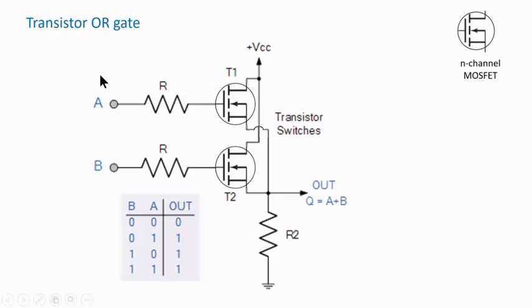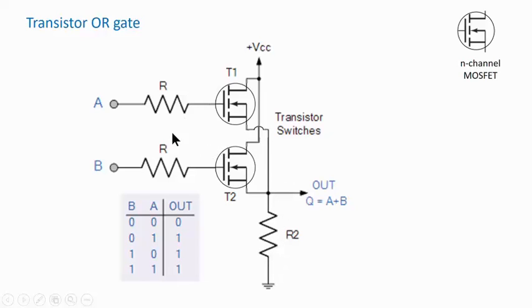So how do you make the OR gate that we just discussed using actual transistors? This is a two input OR gate, and you need two transistors like that. Their sources are connected to common points, in parallel, and again you need a regular resistor here, and you take the output here.